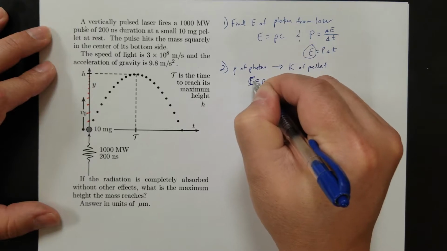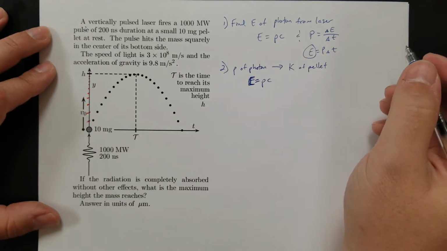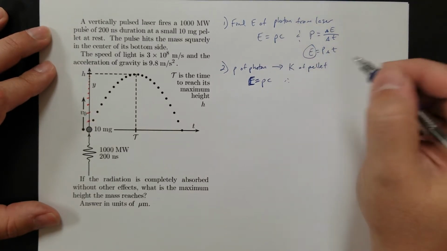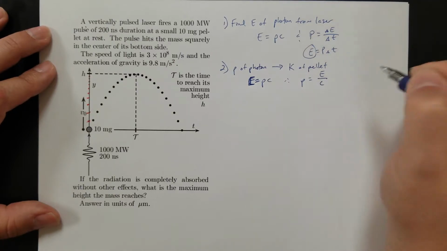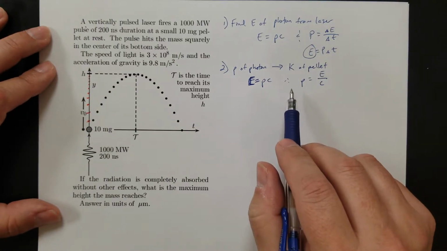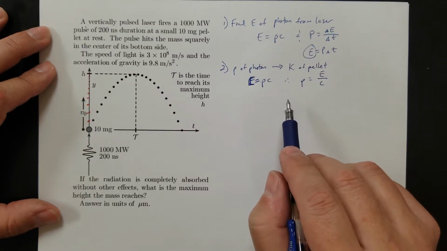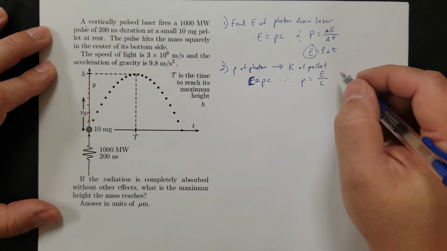The energy of my photon equals P times C. So that means that I'm going to solve for momentum. P is equal to E divided by the speed of light. All right, so I can do my energy divided by the speed of light, and that'll give me the momentum of the photon.